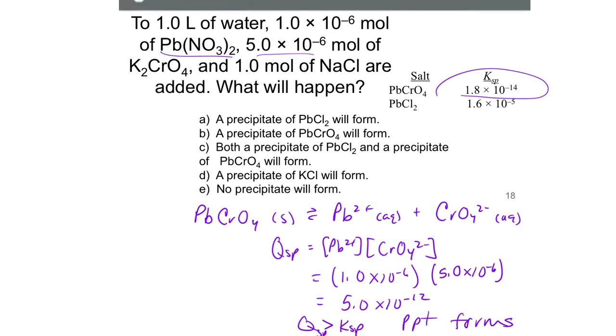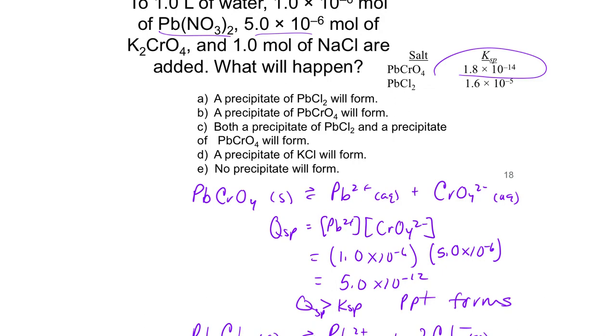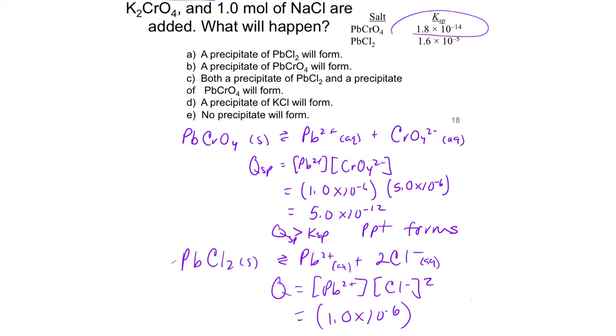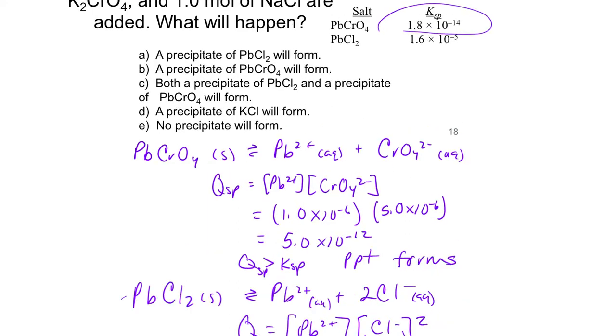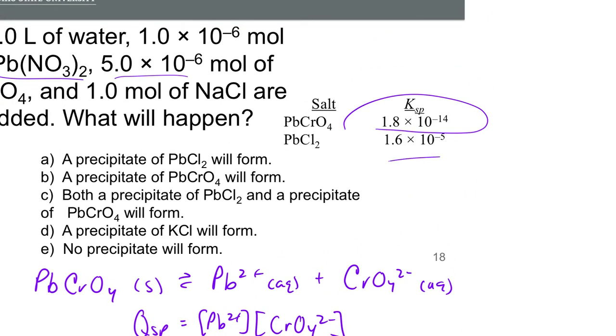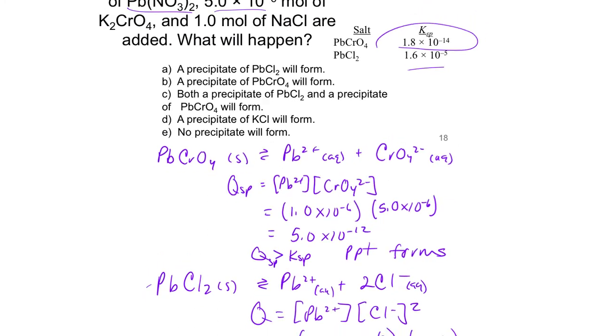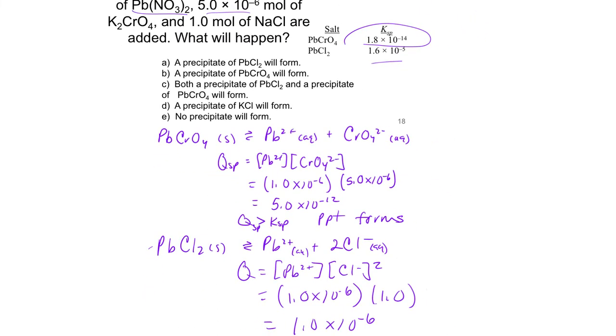What's the chloride concentration? 1 mole per liter. And so Q is equal to 1 times 10 to the minus 6. Compare that to our K, which is 1.6 times 10 to the minus 5. So Q is less than K. So no precipitate forms.